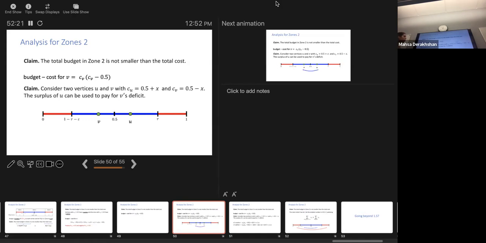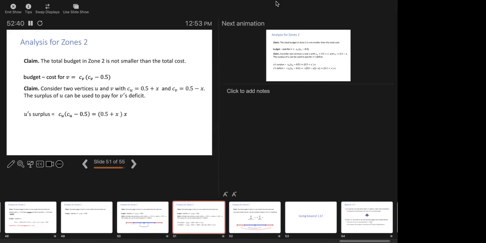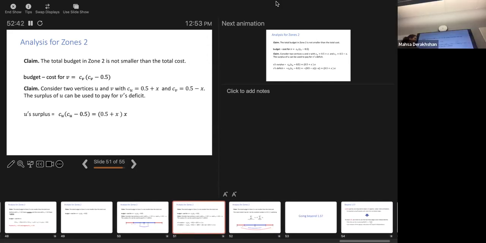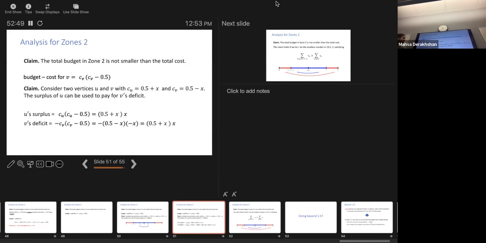Now my claim is that the surplus of this vertex is the same as the deficit of this vertex. So you can charge the remaining cost of this one to the surplus of the other. Let's just do the math. The surplus, as we said, is CU times (CU minus half). Now replacing CU by half plus x. The deficit is minus this term, because it's negative. Doing the math gives us the same thing.